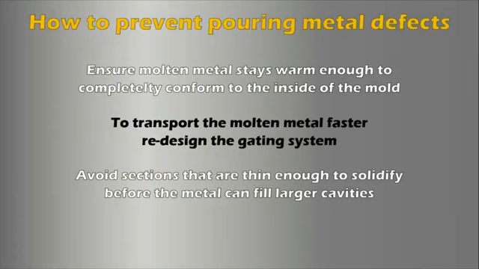Pouring metal defects can, for the most part, be avoided by ensuring the molten metal stays warm enough to completely conform to the inside of the mold. The gating system can be redesigned to transport the molten metal faster, or to avoid sections that are thin enough to solidify before the metal can fill larger cavities beyond them.